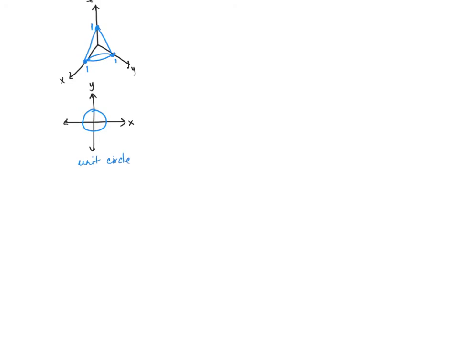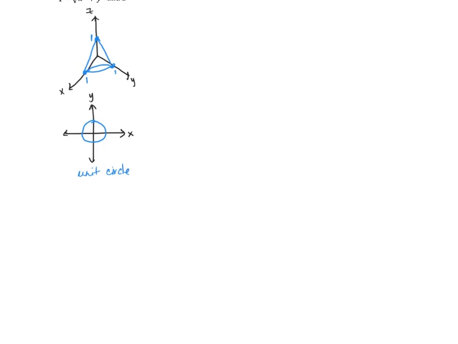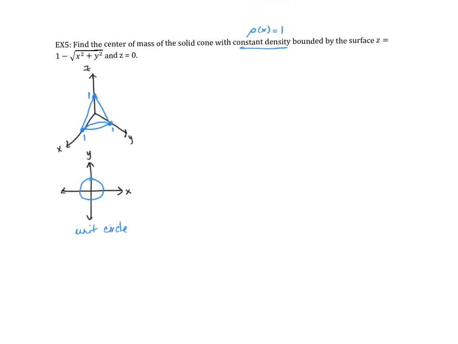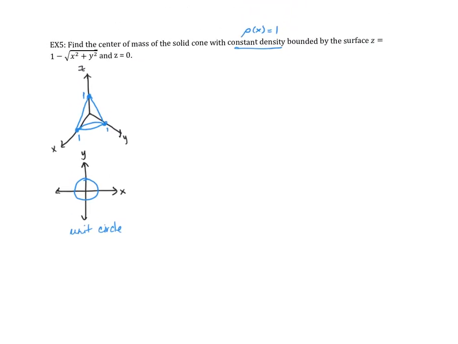It makes sense to me to get rid of the square root because I have an x squared plus y squared. So it makes sense to me to change that to r's and thetas. And maybe I'll use cylindrical. So I'll have a dz r dr d theta.